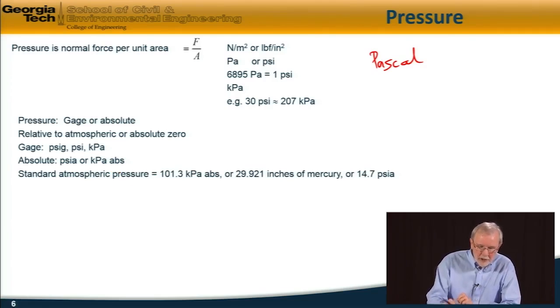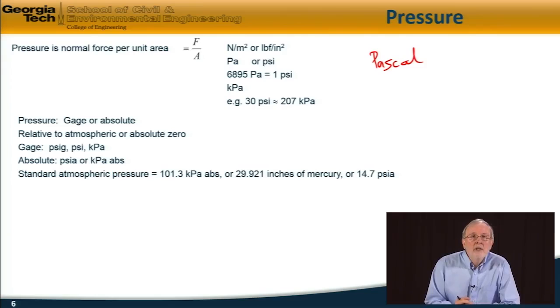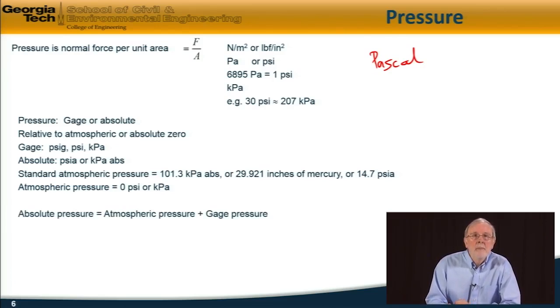Standard atmospheric pressure that we'll use fairly often is approximately 101.3 kilopascals absolute, or 29.921 inches of mercury, or 14.7 psia. Those will be typical values that we'll use. And atmospheric pressure, by definition, is always 0 psi gauge or 0 kilopascals gauge.